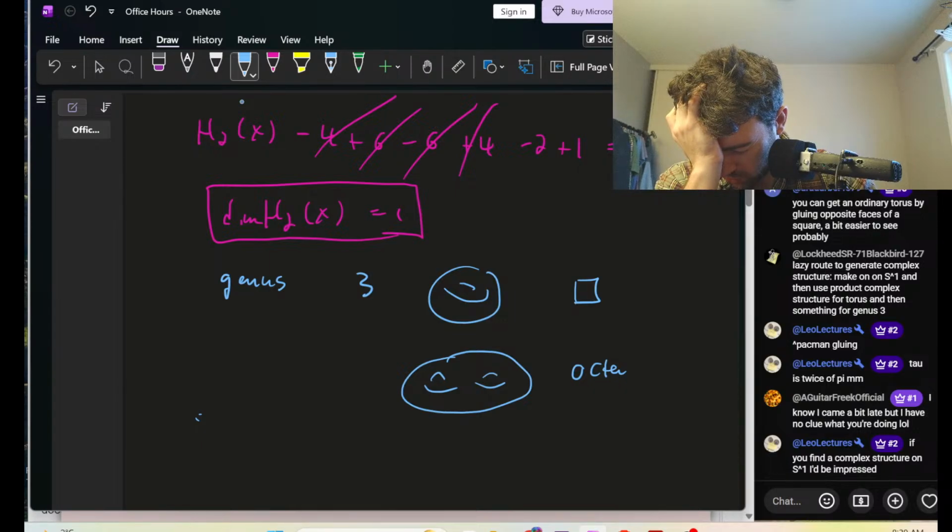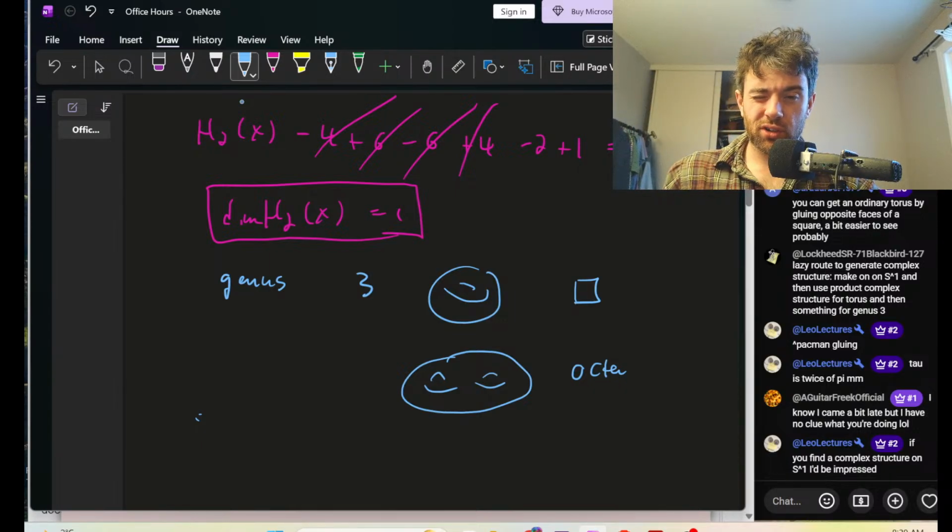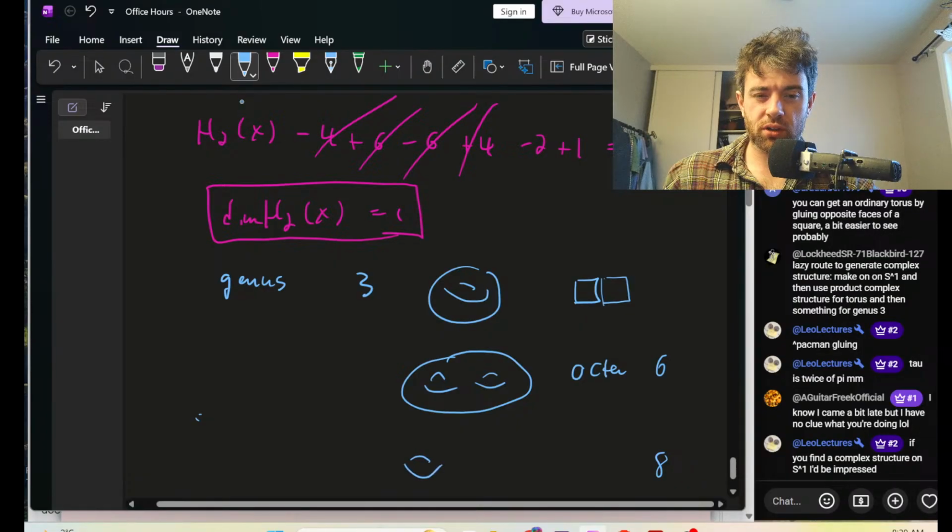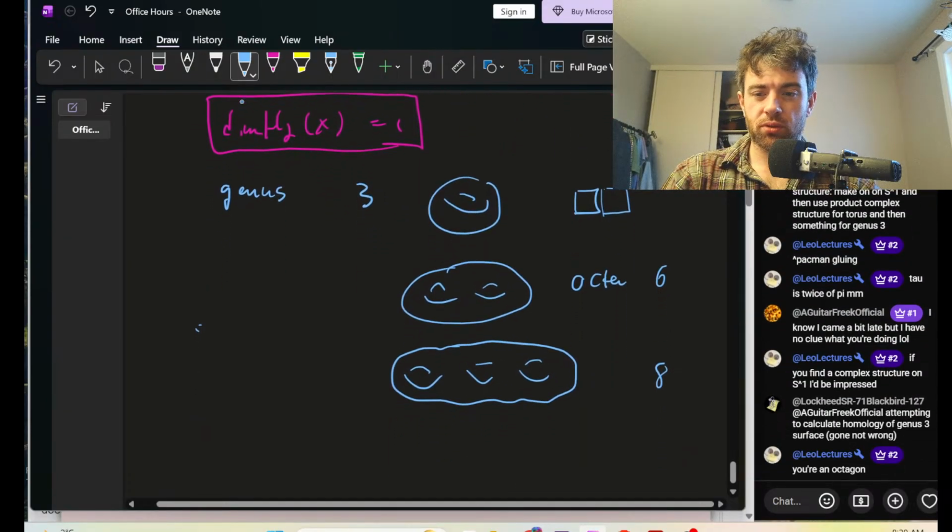Or is it? No, it's six-sided, because it should correspond to gluing two of these along an edge, right? So this should be six-sided, and then the octagon should be the three-hole torus, right? The octagon should be the three-hole torus.